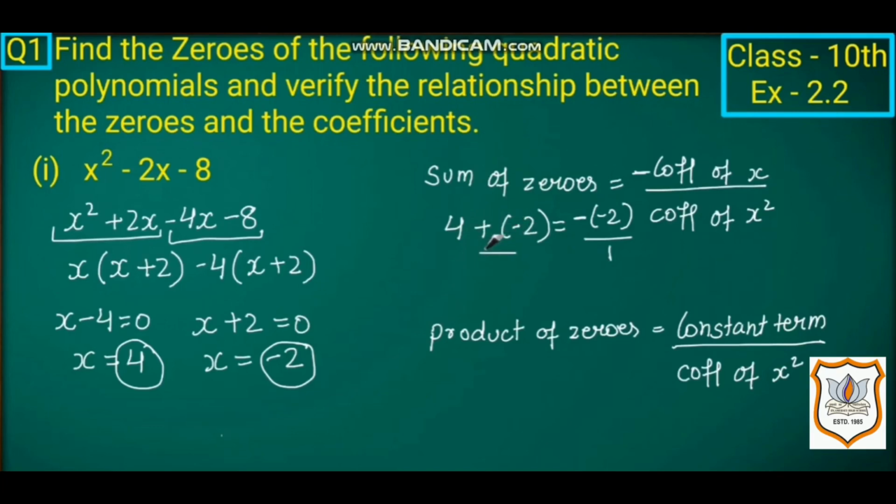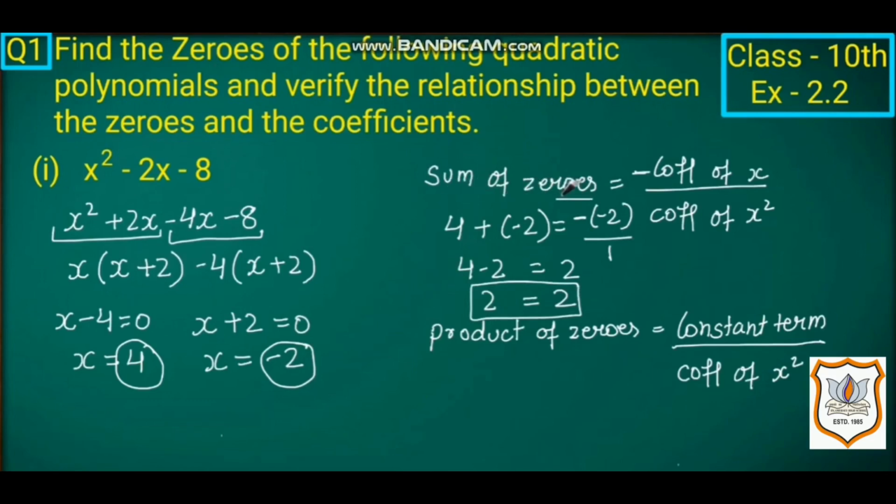So 4 minus 2 equals, we multiply both the signs, minus minus is plus, then 4 minus 2 equals 2. Then we have the right value of the sum of zeros, 2 equals 2.